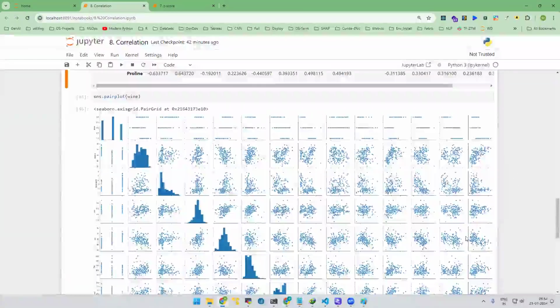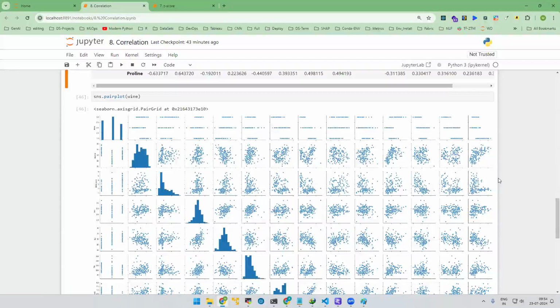If we are able to find highly correlated columns, let's take that you and your friend went for an interview. You both have the same qualification, same score, same experience, same technology, and able to answer all the questions, let's say 8 out of 10. Even your friend answered 8 out of 10, the same set of questions.